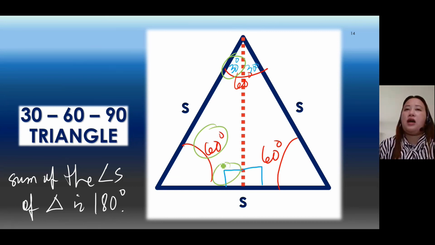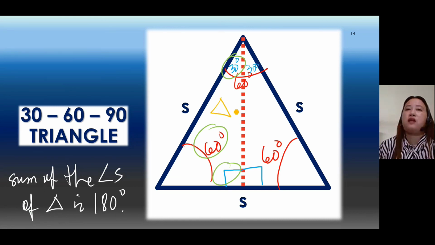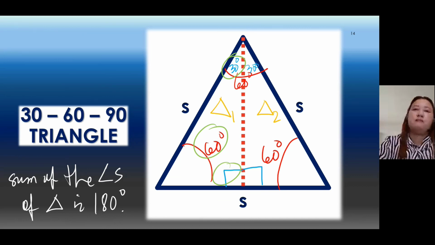With the equilateral triangle, we can come up with two triangles. Okay, we do have here two triangles. So we have here triangle 1 and then triangle 2. Next, in dividing this triangle, since the base measures S, the base of one of the triangles will be S over 2.